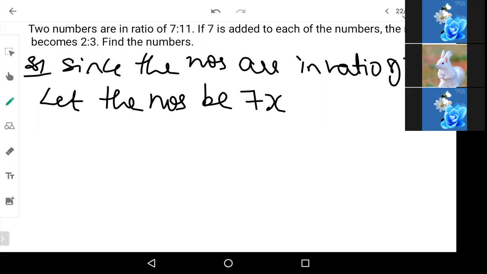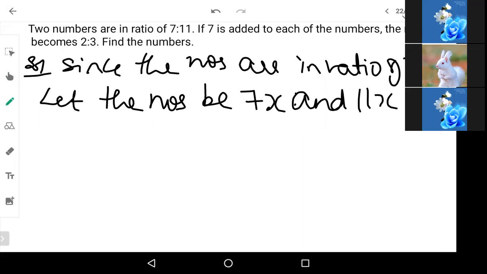Now it is in ratio, which means the same multiplication effect is being applied. So no matter what you do, you will have the 7 and 11 part of the number. That is why we write it as 7x and 11x.